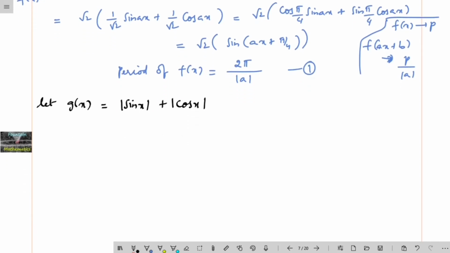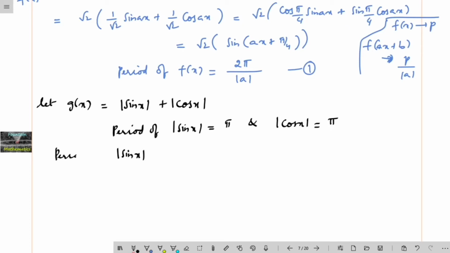We know the fundamental period of mod sin x is pi, and mod cos x is pi, but the period of mod sin x plus mod cos x is the LCM of mod sin x and mod cos x, that is pi and pi.